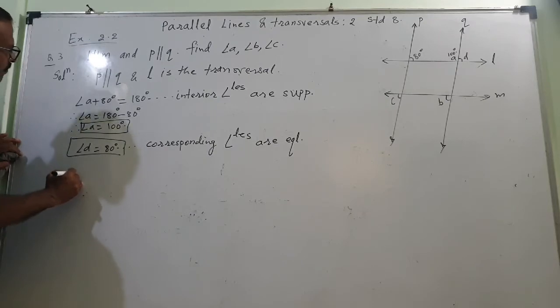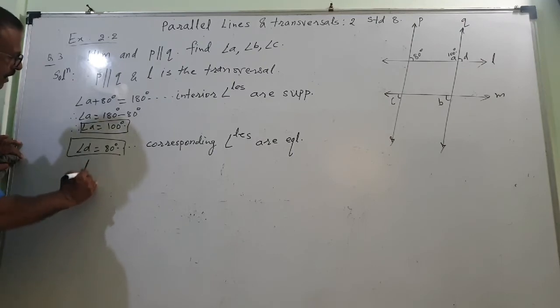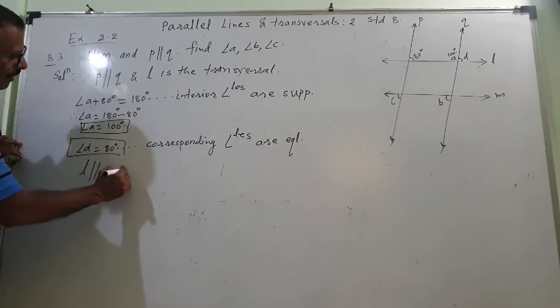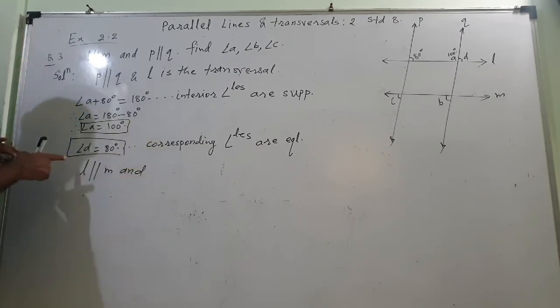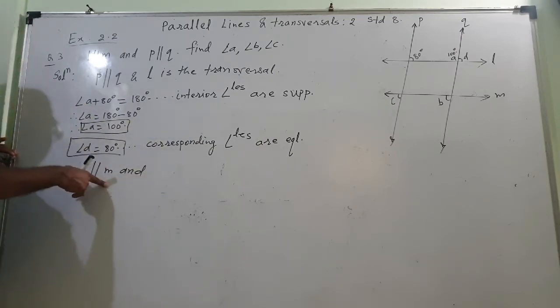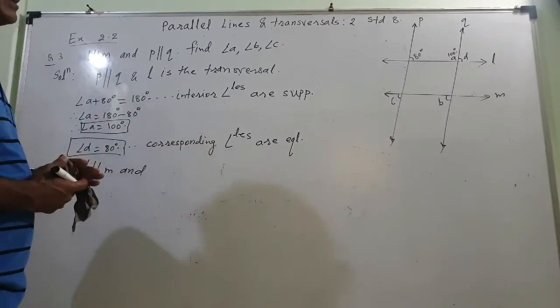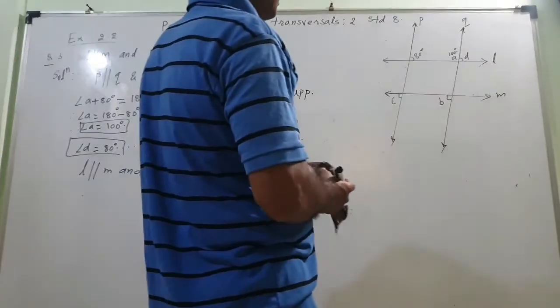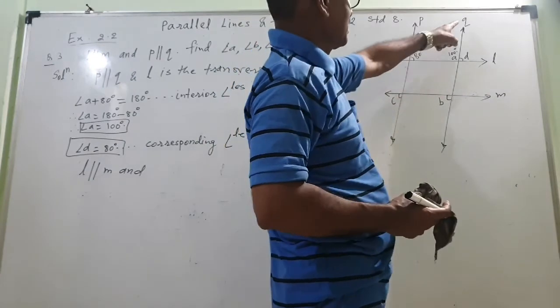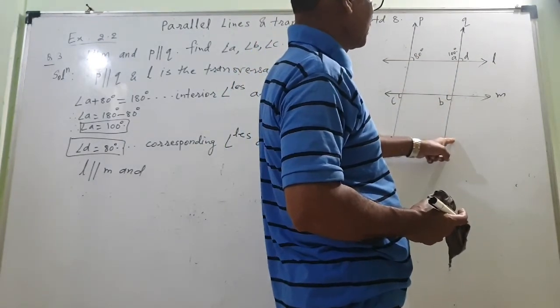Line L parallel to line M, and which should be the transversal? Q should be the transversal.